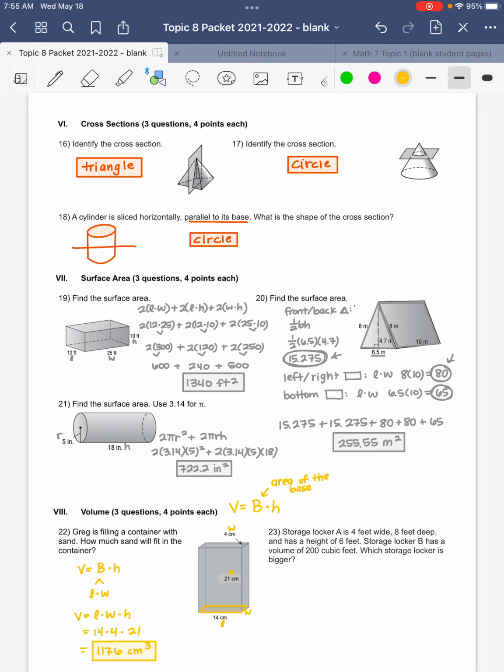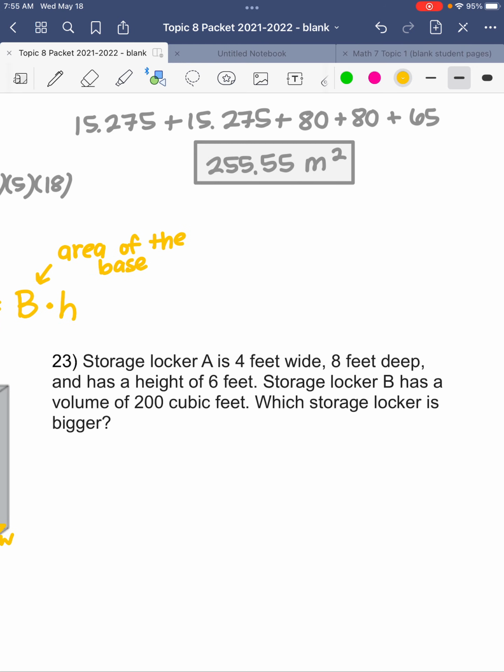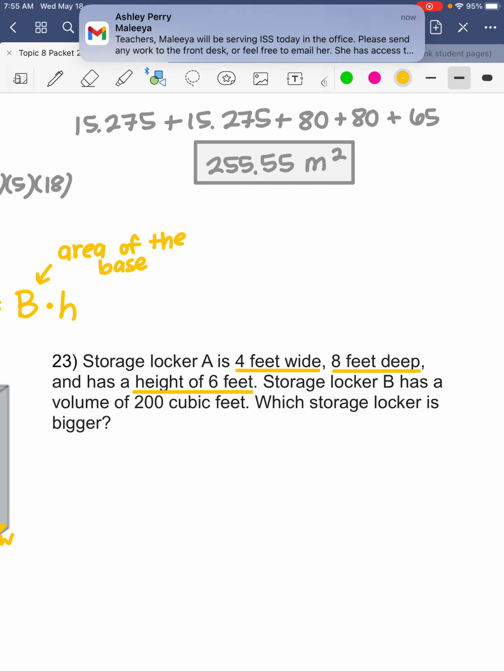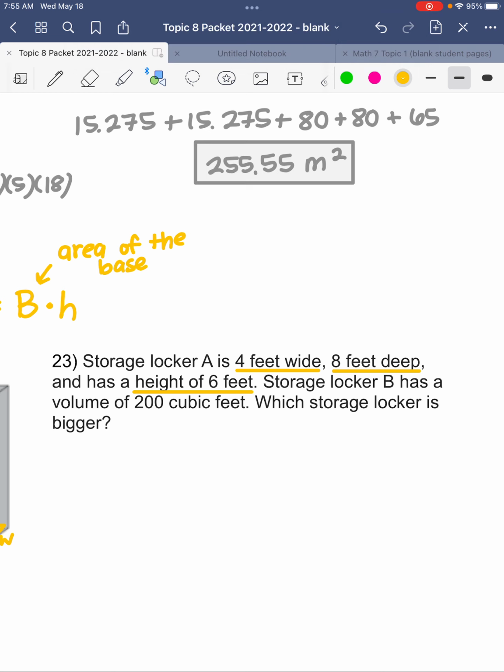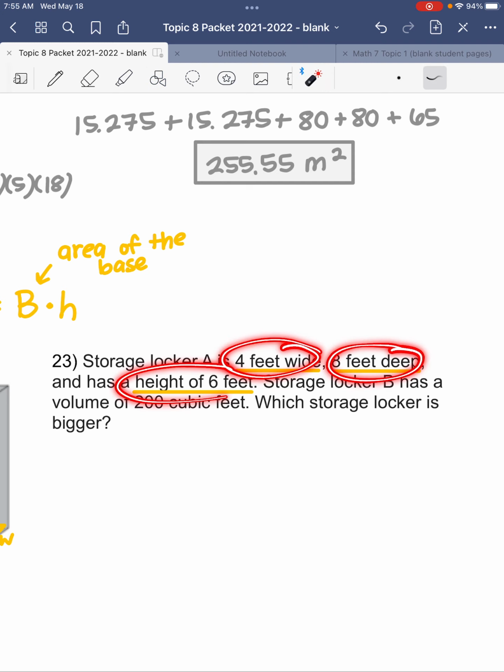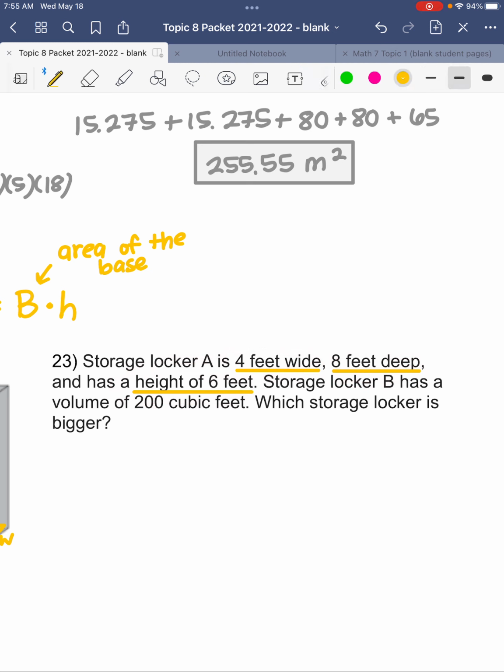Okay, let's look at number 23. Storage locker A is 4 feet wide, 8 feet deep, and has a height of 6 feet. Storage locker B has a volume of 200 cubic feet. Which storage locker is bigger? Okay, well, I've got my 3 dimensions, length, width, height for storage locker A, so I can find the volume. Okay, and think about a locker.